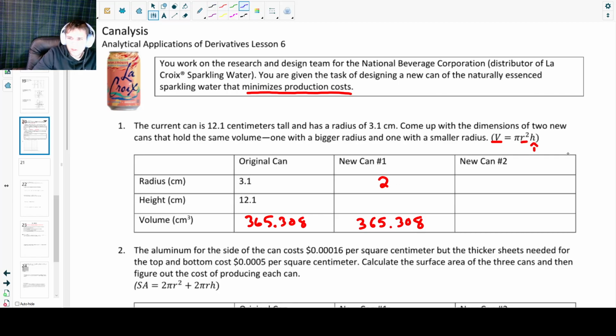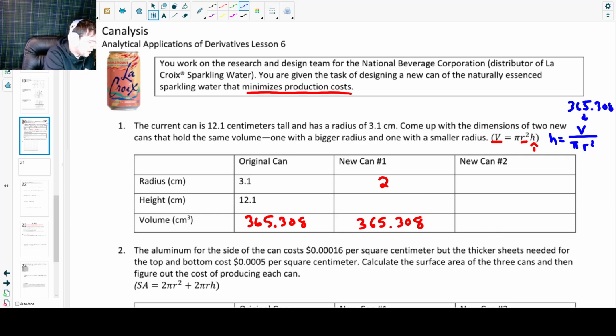Height is equal to volume divided by pi r squared, right? And our volume is 365.308. So I'm going to be using this formula that I've come up with to figure out the height in this scenario.